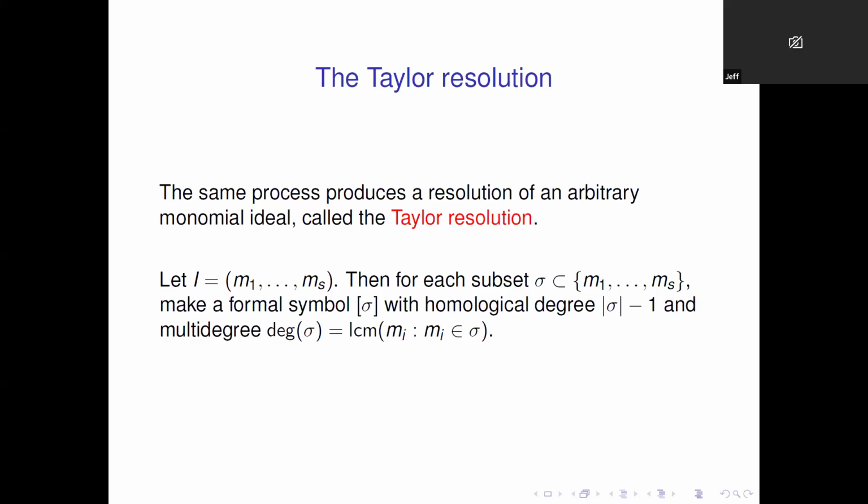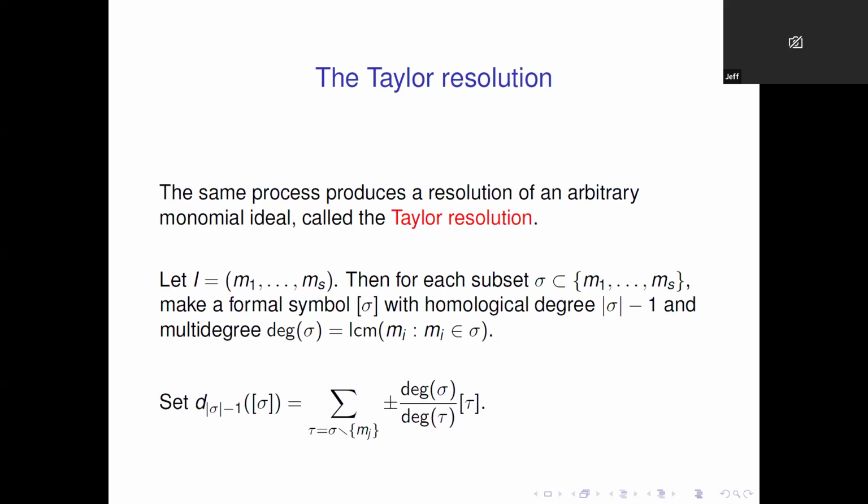In particular, suppose you have S generators, then you look at all the subsets of the generating set. And for every subset sigma, you're just going to make a formal symbol for sigma. Its homological degree is going to be the size of sigma minus 1, because you always subtract 1. And its multi-degree will be the least common multiple of the generators inside it. And the map is that you send it to, for every generator inside sigma, you can remove that to get a new subset tau.